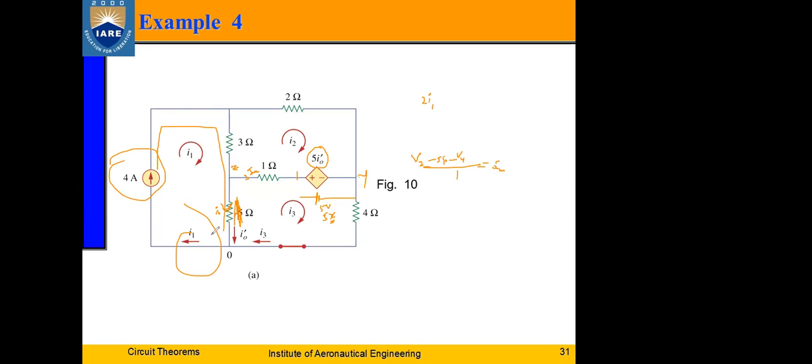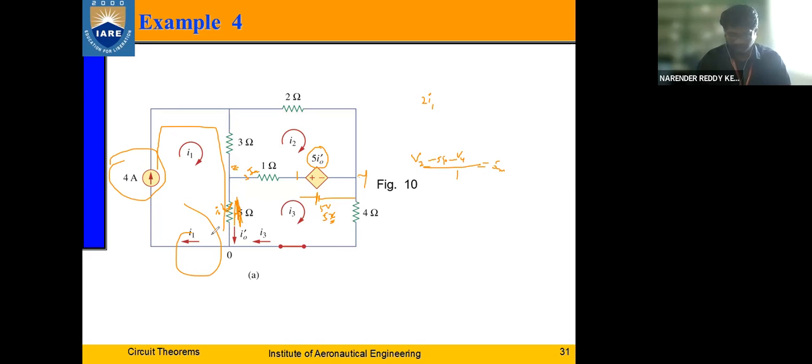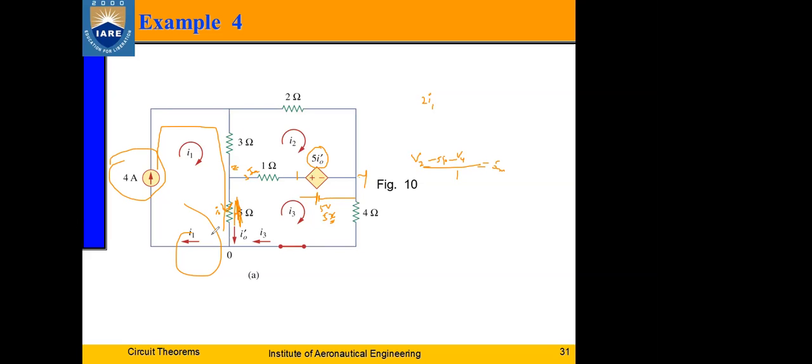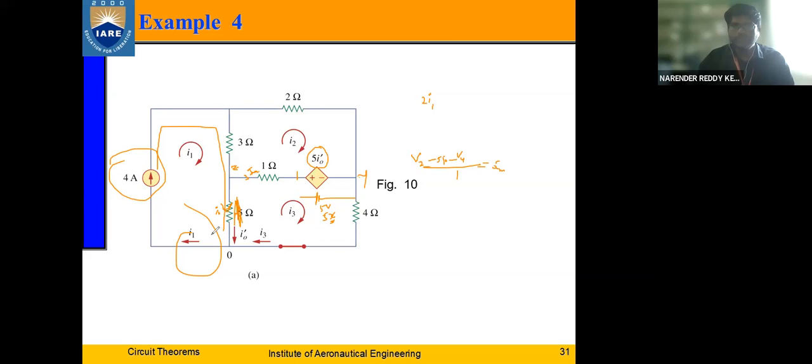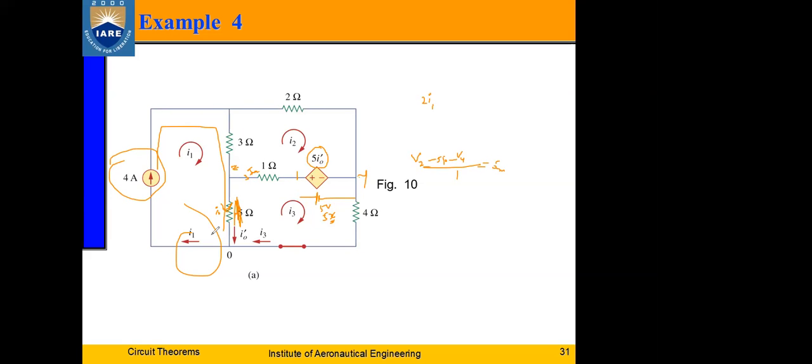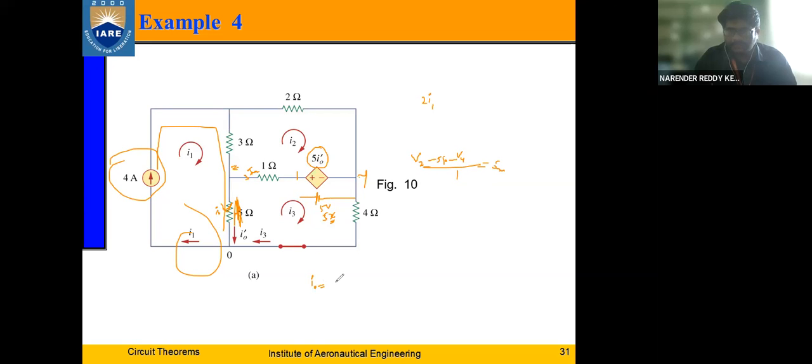The equation. Sir, minus 1.23. Yeah, minus 1.23. Okay, you got I naught equal to minus 1.23. Okay, let us see. Let them do the calculations.